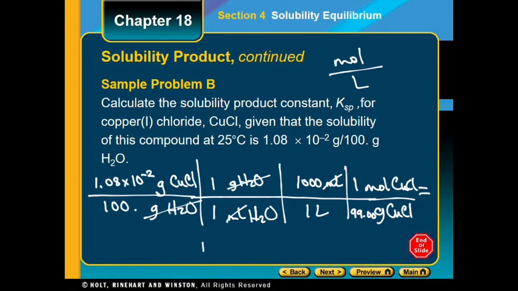So 1.09 times 10 to the negative 3 moles per liter of the copper 1 chloride. That is going to be our solubility, the concentration of our solubility. Now we can use that information to plug into our KSP expression.